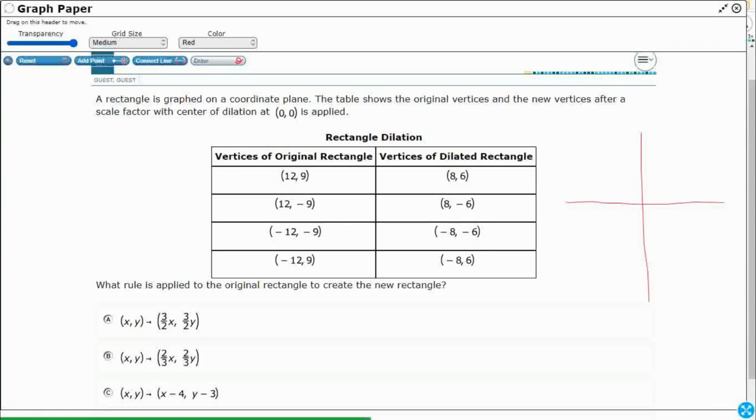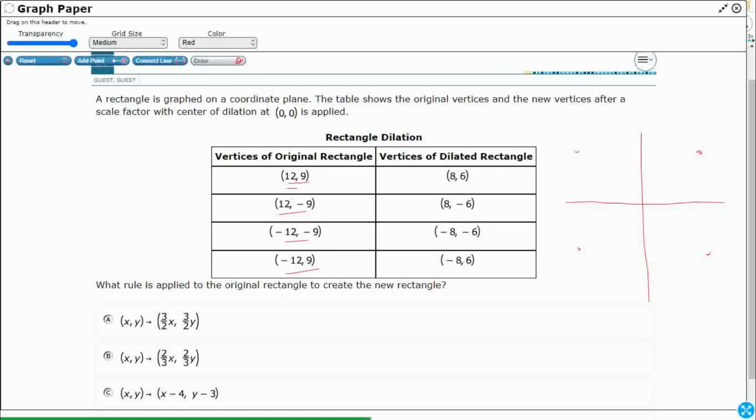Right, and so we've got the vertices of the original rectangle, and you see that we've got 1 in each quadrant, right? So I'm just going to do this. All right, so let's say this is my original. We'll just say those are the 4 points right here. Now, I've got a dilated rectangle, and you notice that it's a little bit inside, right?